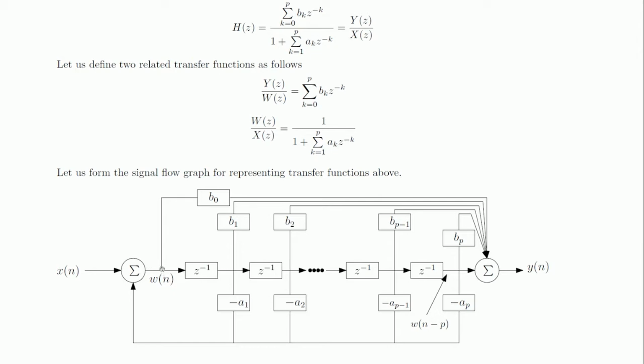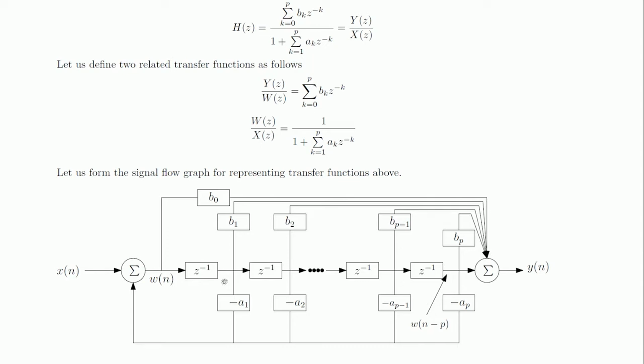In the forward path we have all these b i's which are connecting these outputs from the tap delay line. So, w of n is just at the output of the summer, and this goes through this gain b naught and then goes to the output summer, y of n.